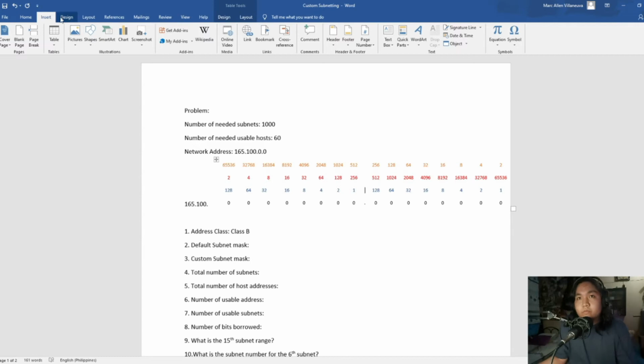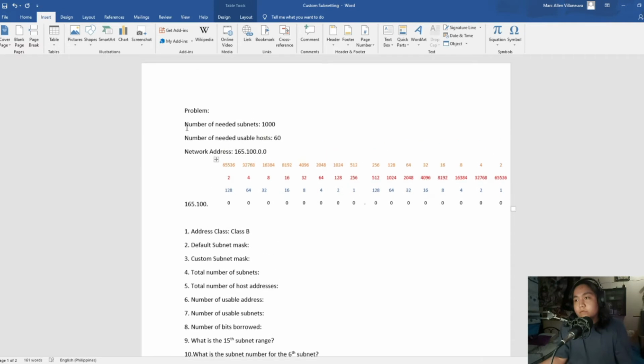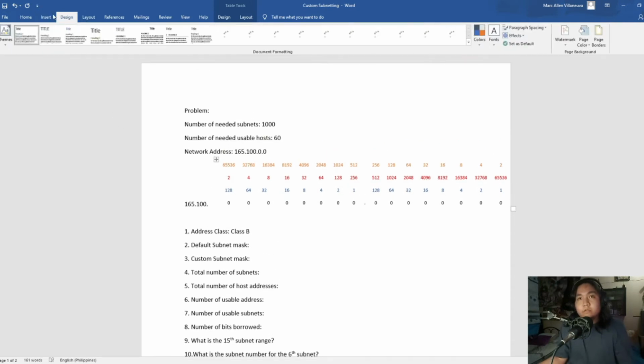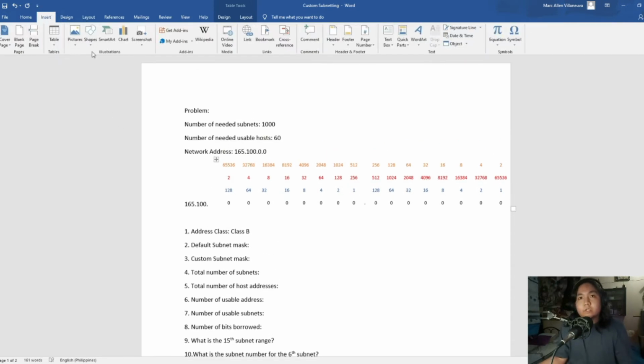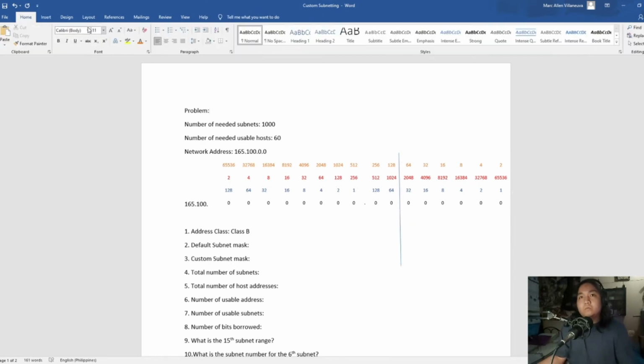So that will be the total number of subnets we have. Okay, so all we need to do is insert a line, so that you won't get confused. There we go.